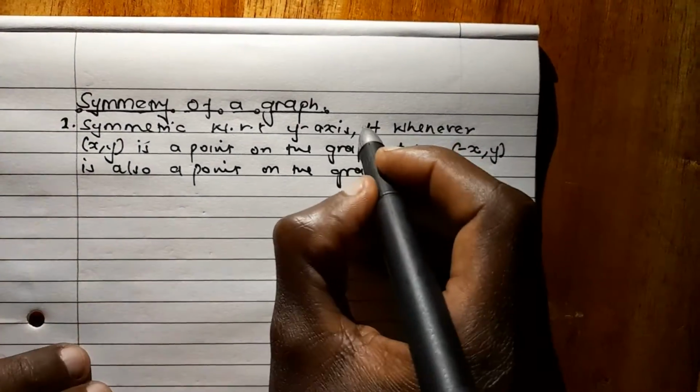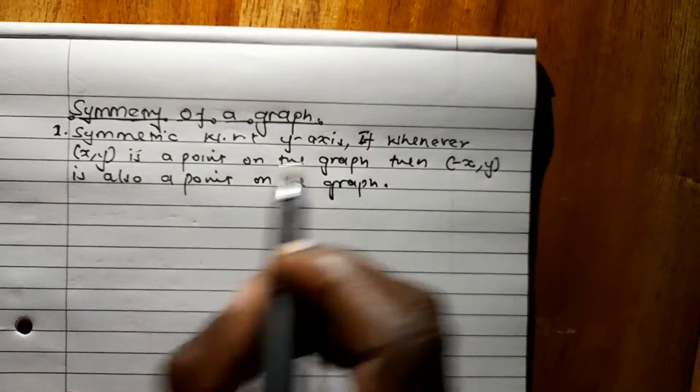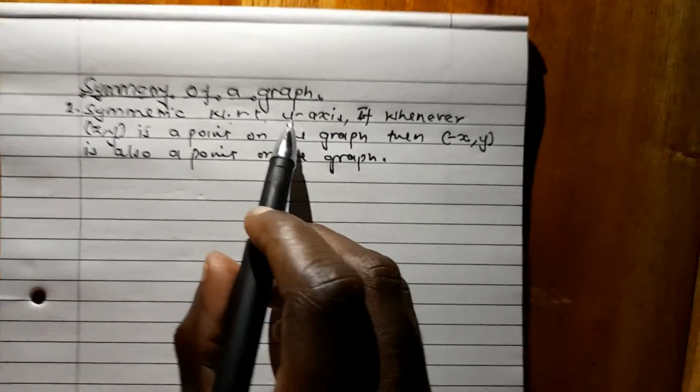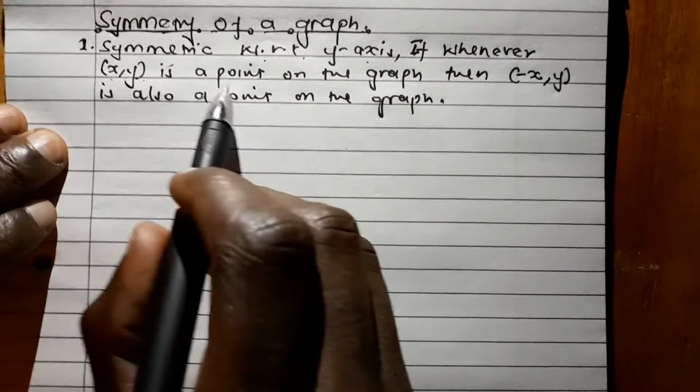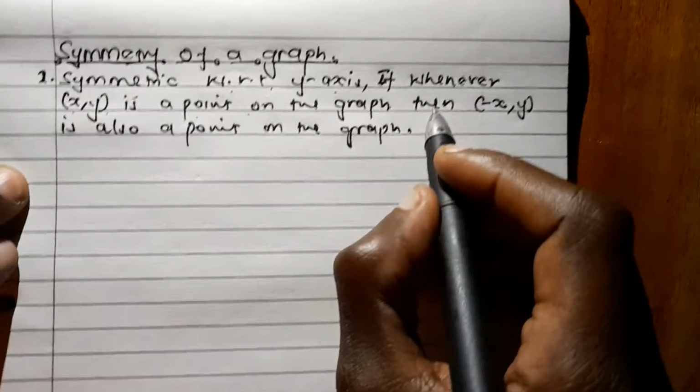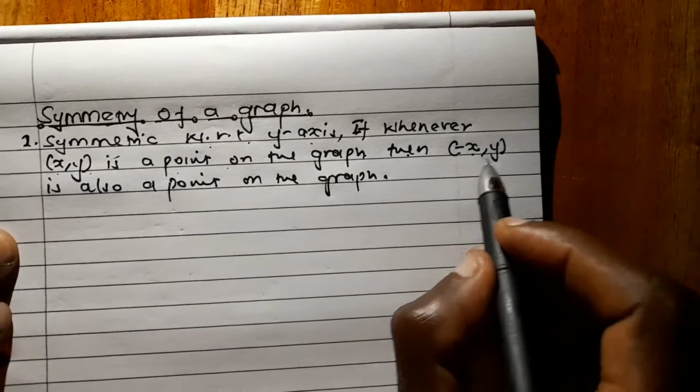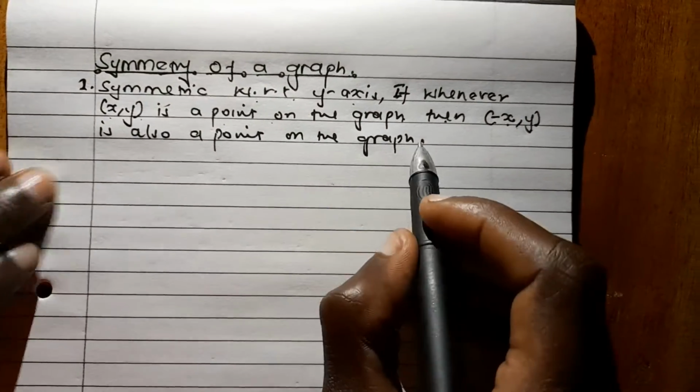Don't worry, we'll explain this. We are saying a graph is said to be symmetric with respect to the y-axis if whenever x comma y is a point on the graph, then negative x comma y is also a point on the graph.